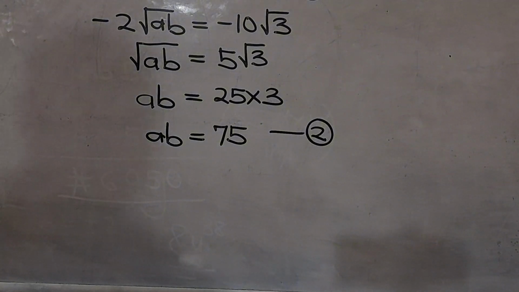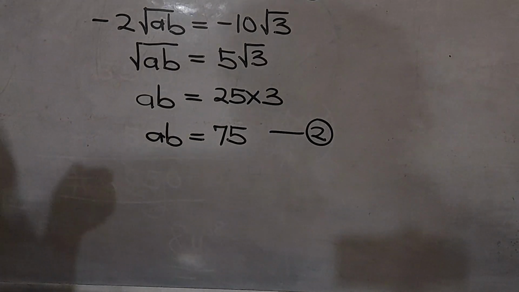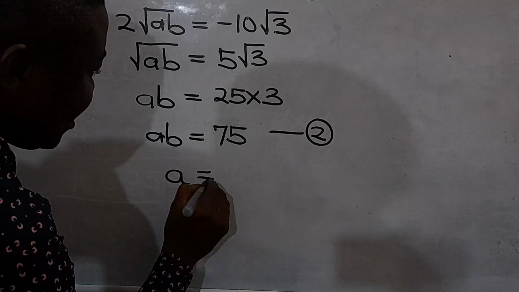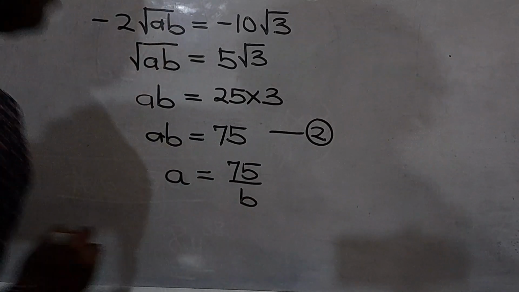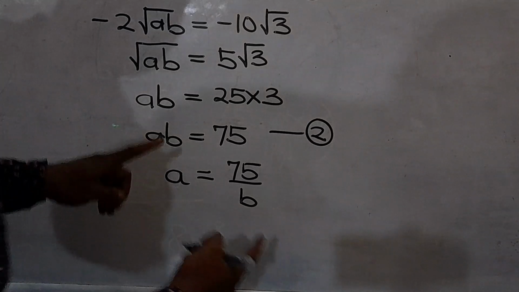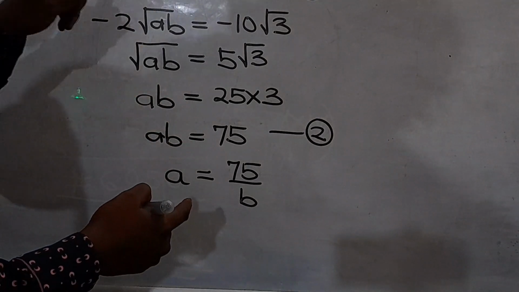Having known this, we will now go on to say that a can be termed as 75 over b. We will now substitute this in equation 1.